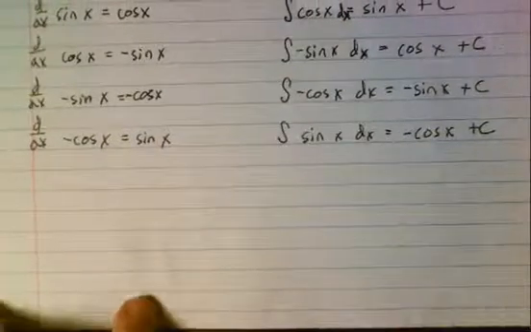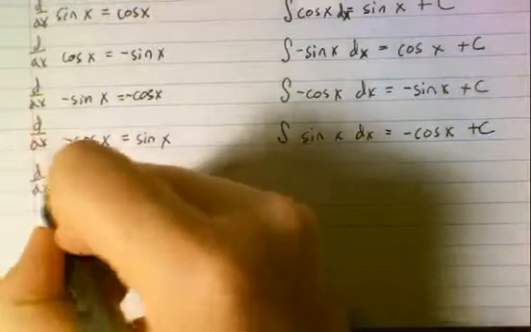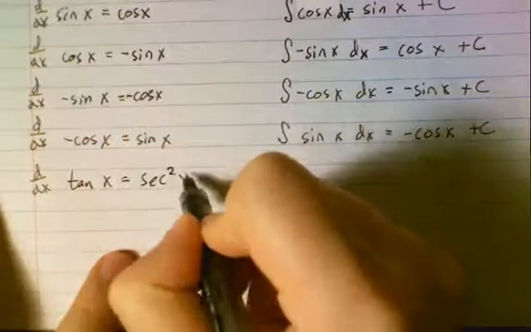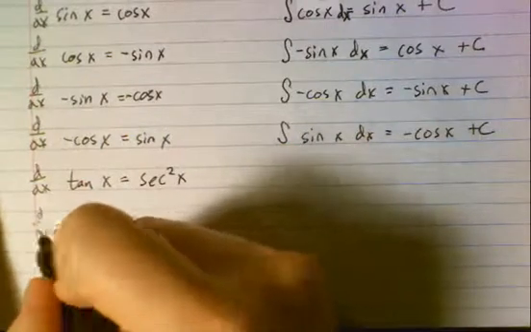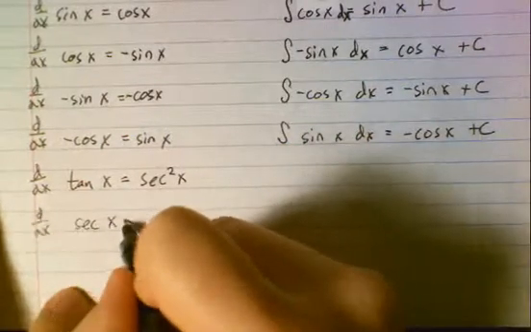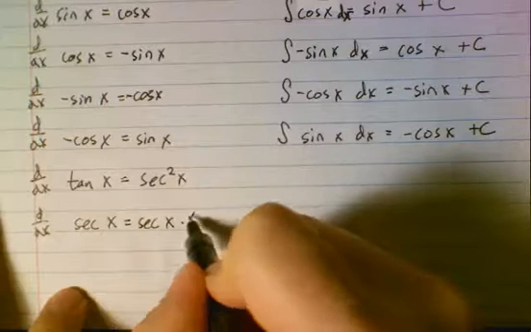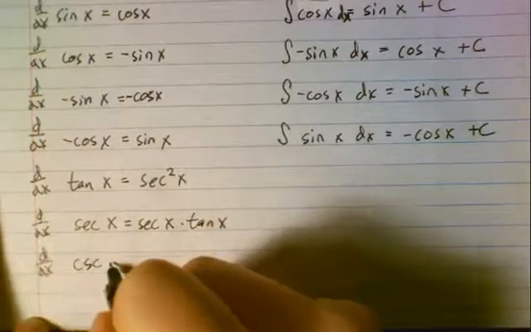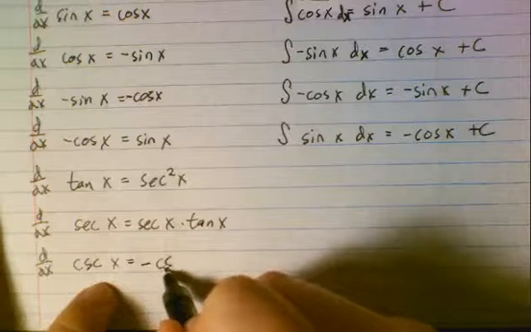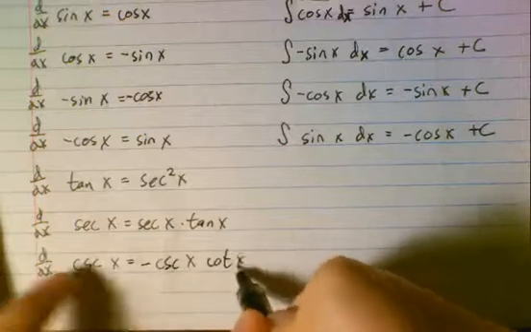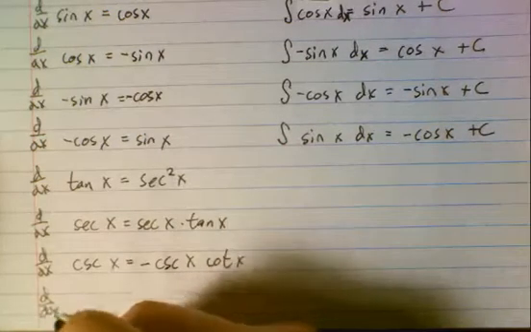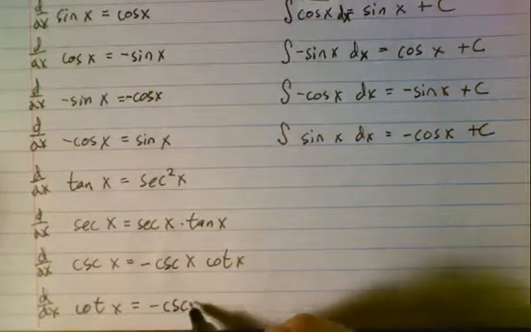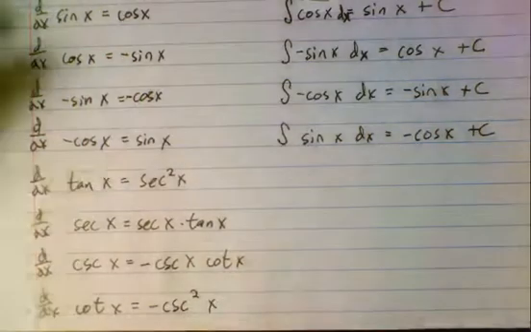You can probably guess where we're going from here. There are more trigonometric functions. We know that the derivative of the tangent of x is secant squared x. The derivative of the secant of x is secant x times tangent of x. The derivative of the cosecant of x is negative cosecant x cotangent x. And the derivative of the cotangent of x was negative cosecant squared x.